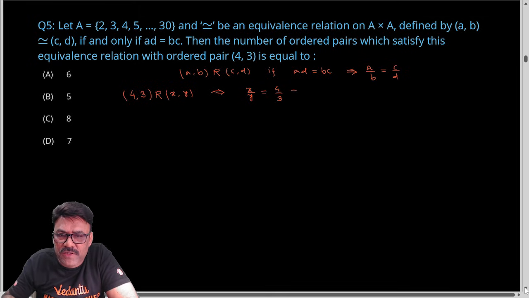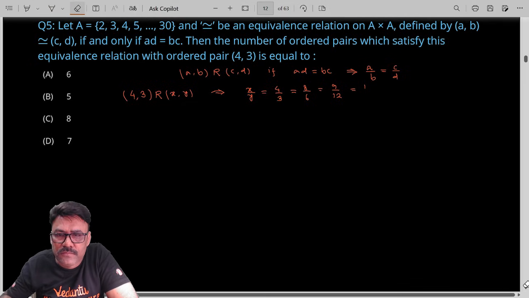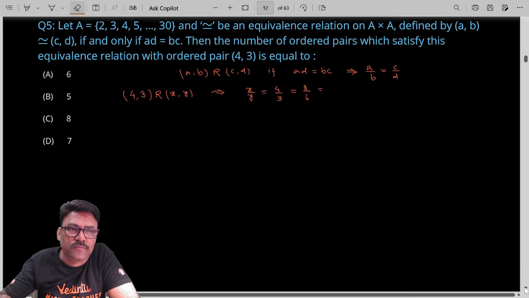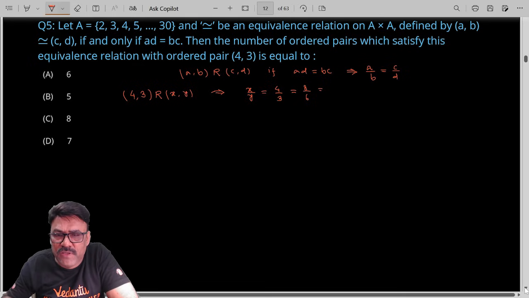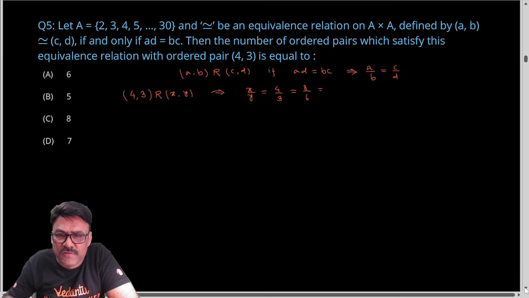And 4 by 3 can also be written as 8 by 6, then 12 by 9, 4 into 1, 4 into 2, 4 into 3.